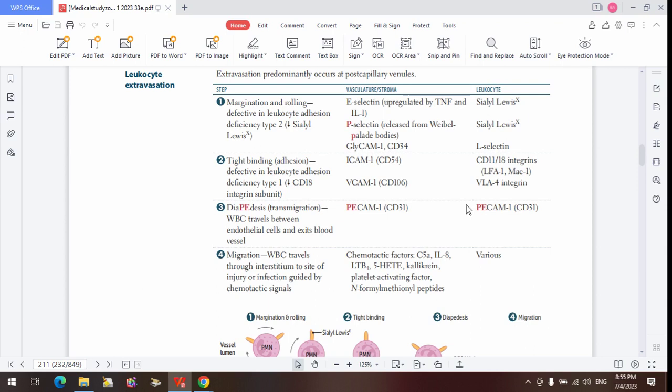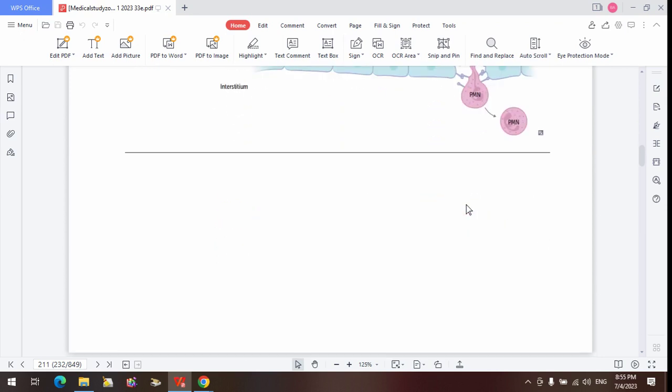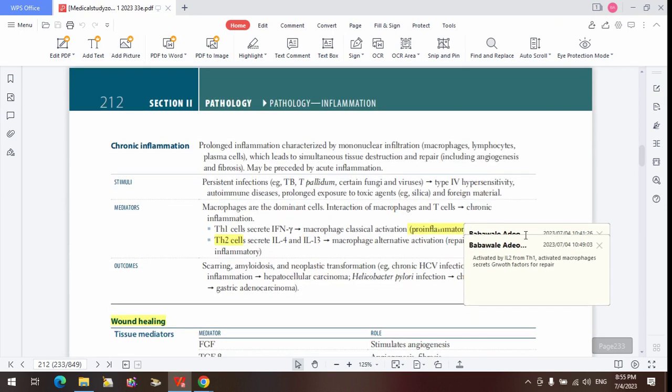That is driven by the chemotactic factors released from the injurious site, which include C5a, interleukin 8, our CHILL: C5a, 5-HETE, interleukin 8, and LTB4. So that is it about the travelling, or extravasation.